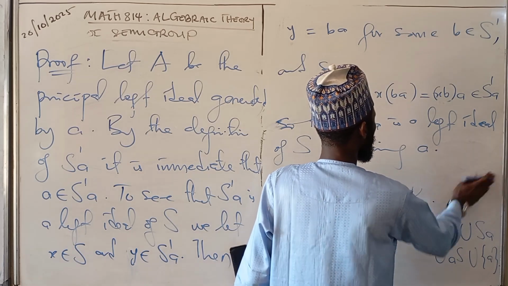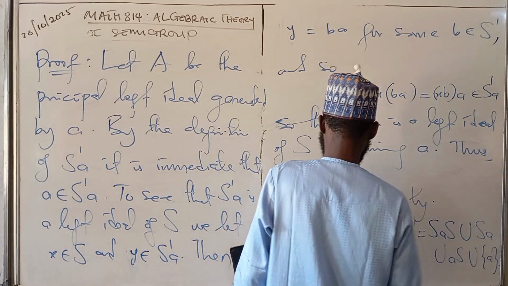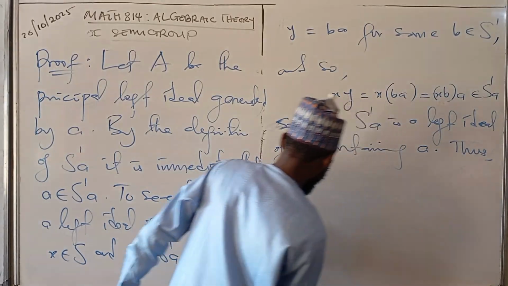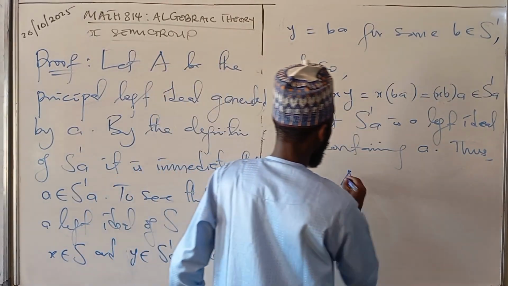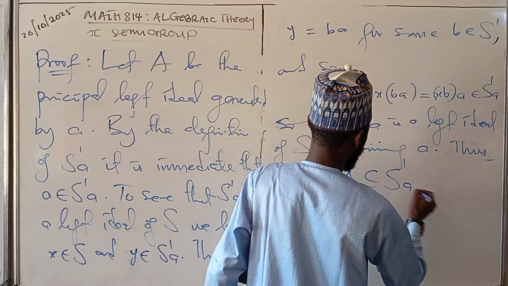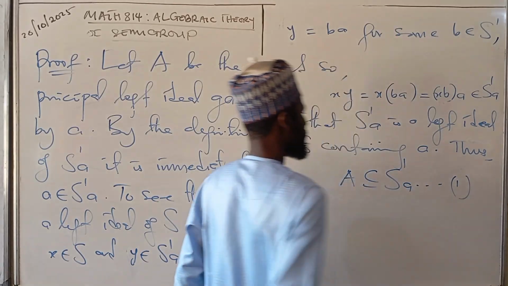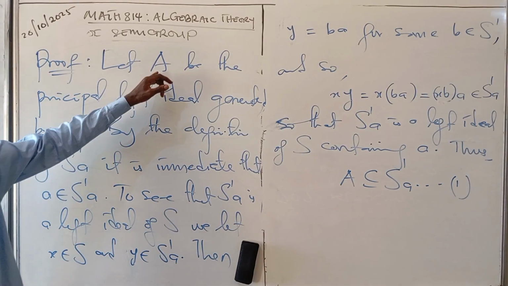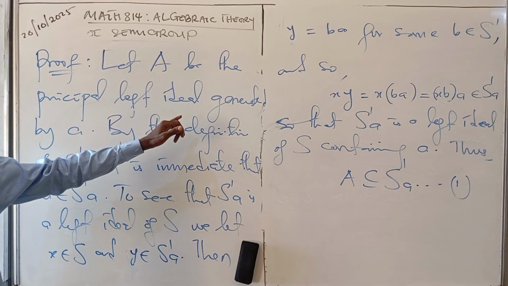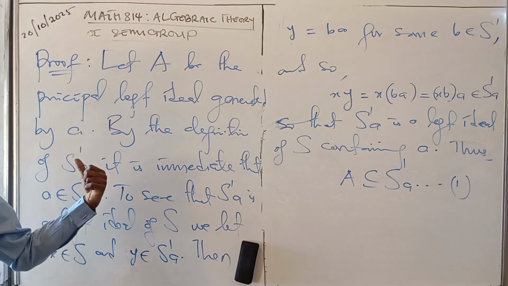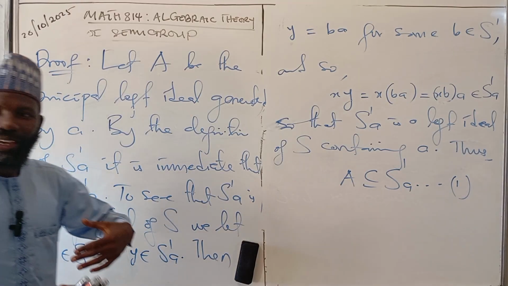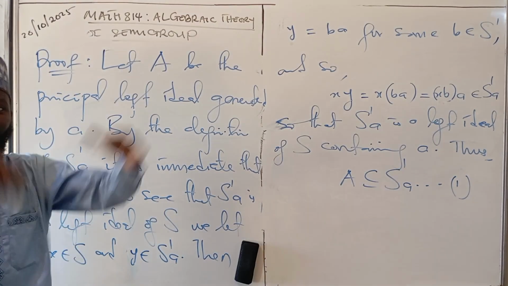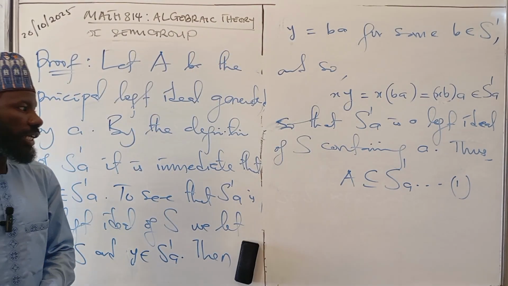A. Thus, a left ideal containing A means A is a subset of S1A. Why is this true? Because capital A is the principal left ideal generated by small a, so it will be a subset of any left ideal containing that small a, because it's the intersection of all of them. Do you get it?